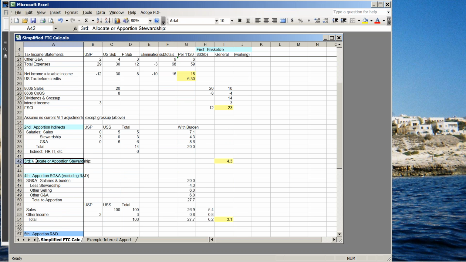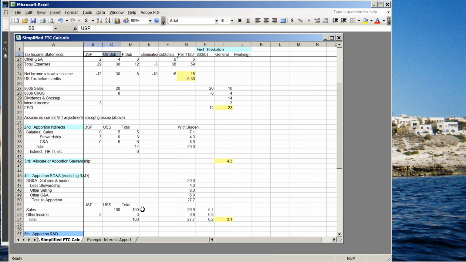Next, we have to allocate or apportion stewardship expenses. Well, generally stewardship expenses are apportioned on gross income of the subsidiaries. And where we have a consolidated return group, the consolidated group is considered to be one taxpayer.